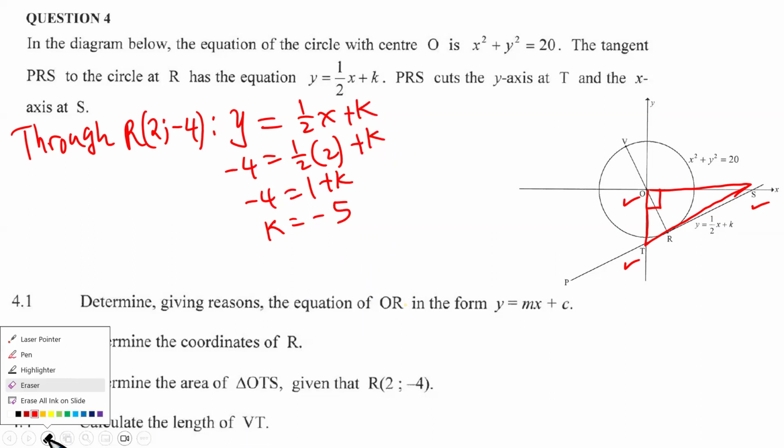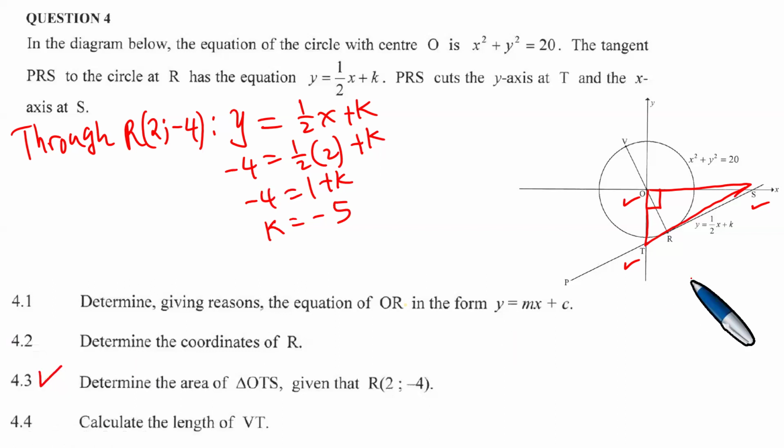So, right, we're able to then say that the equation of the line was given as 1/2 x plus k by the examiner, but it is exactly 1/2 x minus 5.